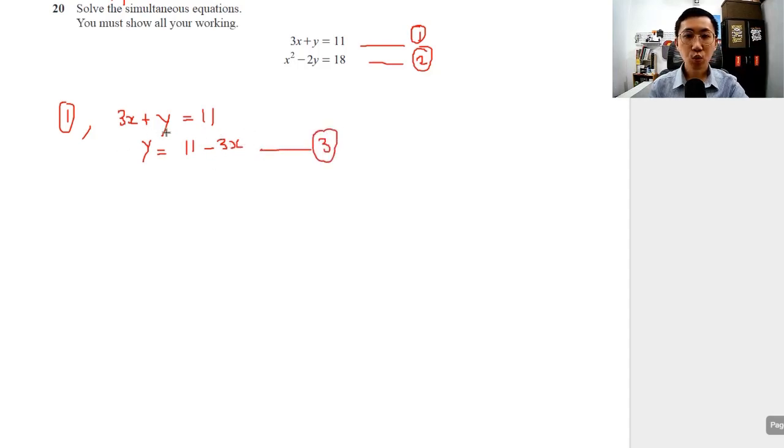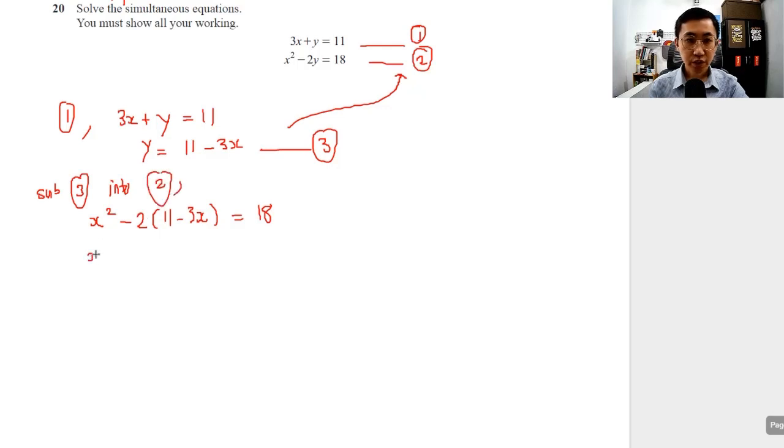Now remember, your y is from equation 1. So now substitute this into your equation 2. Sub into here. Now I'm going to write x squared minus 2, substitute now y with this, bracket 11 minus 3x, and equals 18. So how do I get this? Sub number 3 into equation 2.